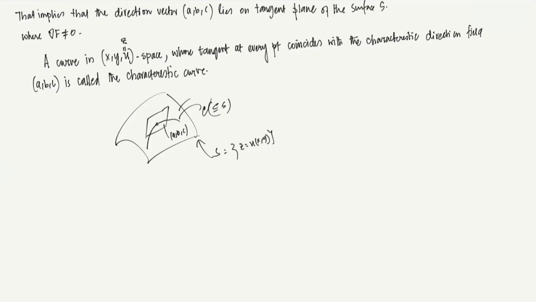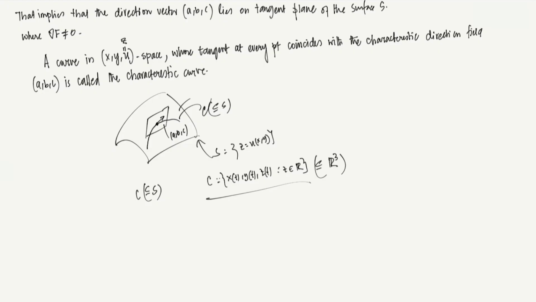If you look at the point x, y, and u, C lies on S, so C will be written like this: x of t, y of t, and z of t, where t is in R. That's how we parameterize a curve in R3, because the surface is in R3.